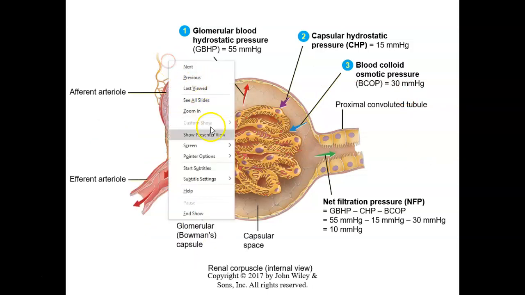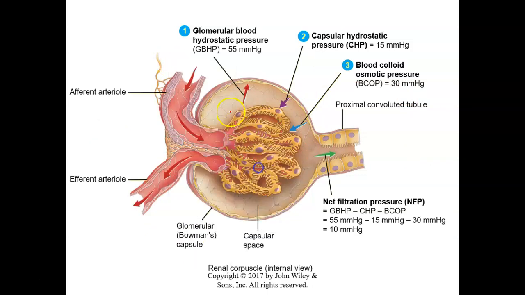What happens if a greater amount of blood enters into the afferent arteriole? If a greater amount enters into the afferent arteriole, do we produce more or less filtrate? Take about 8 seconds and think about it.